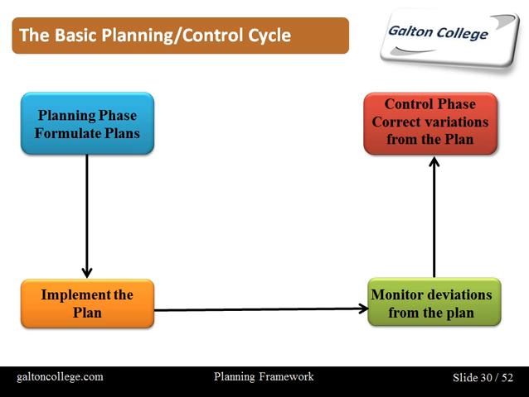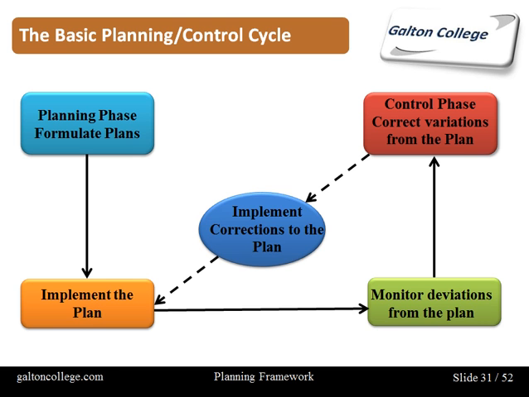To take the feedback or comments or observations, and compare the actual performance with the planned performance and correct any variation. So corrective action may be taken to the plan, and it goes back into the implementation of the plan again, monitor deviations from the plan, control phase, and that's a possible loop.